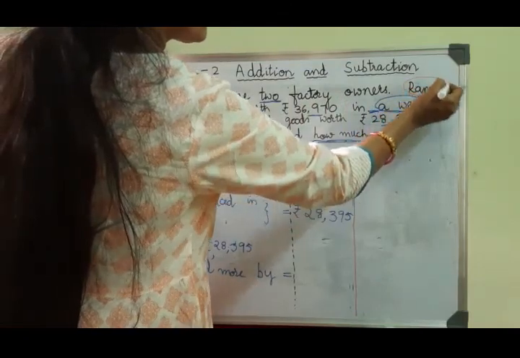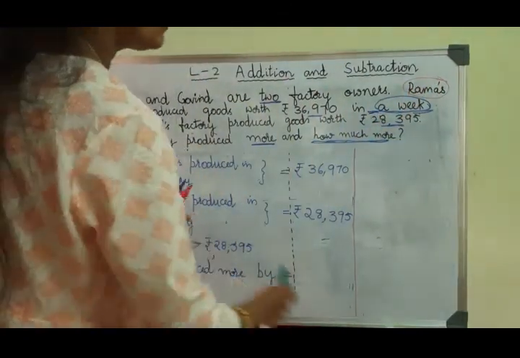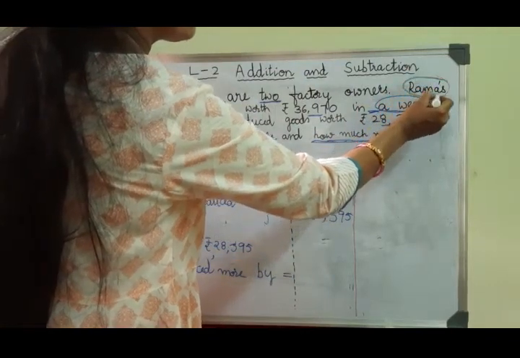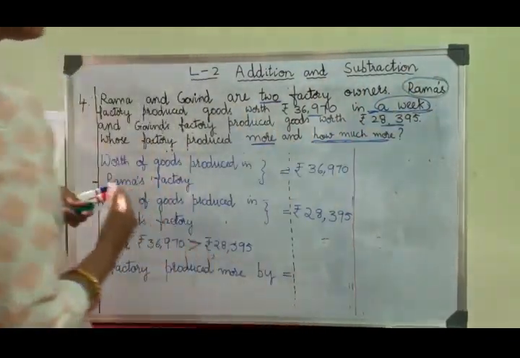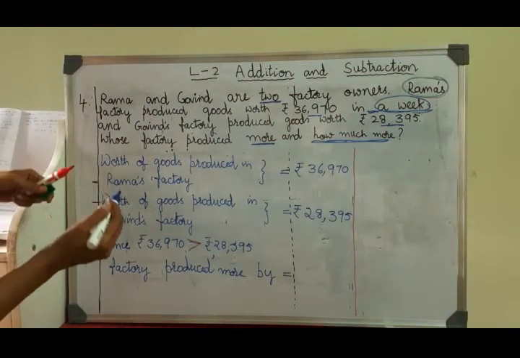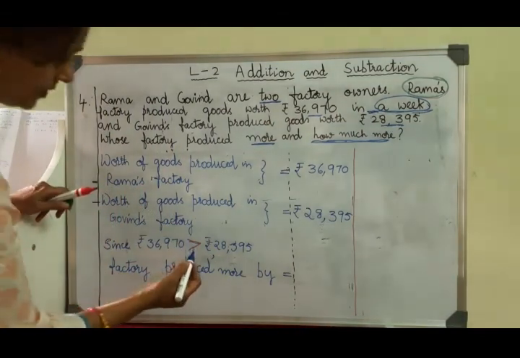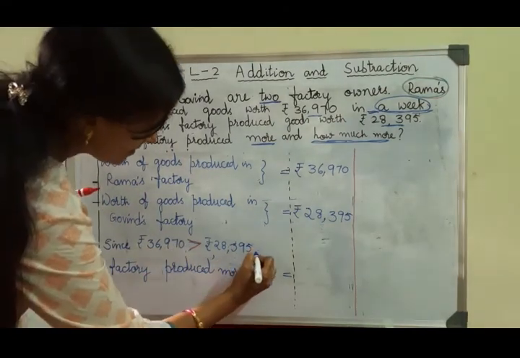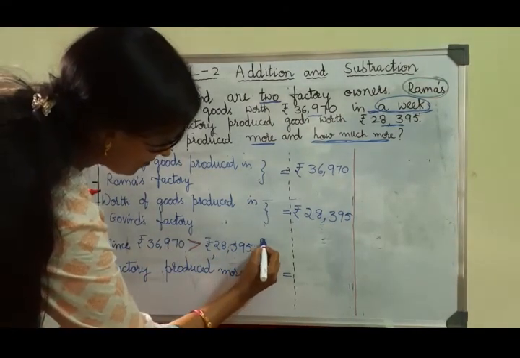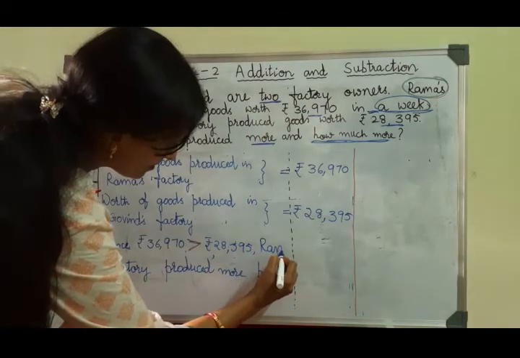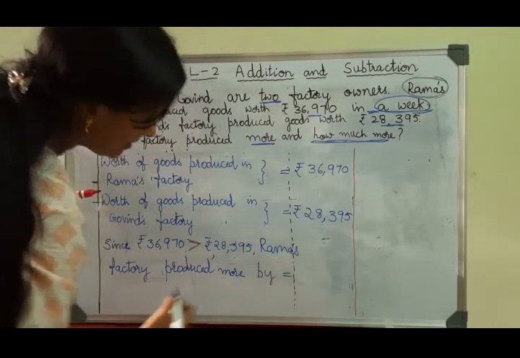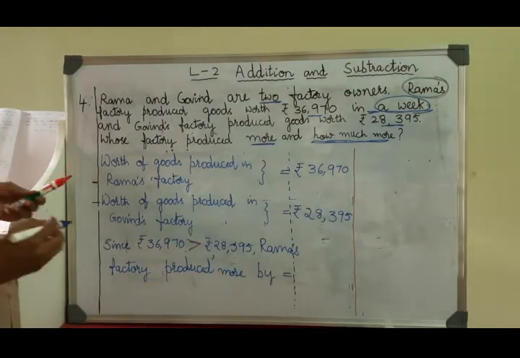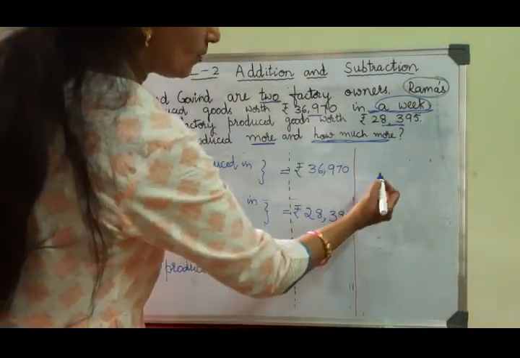We will use green color for the answer. It is our answer, right? So Rama's factory produces goods worth more than Govind's factory. Now Rama's factory produces more. By how much? How will we find how much more it is?